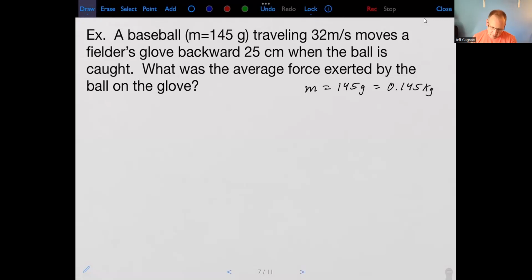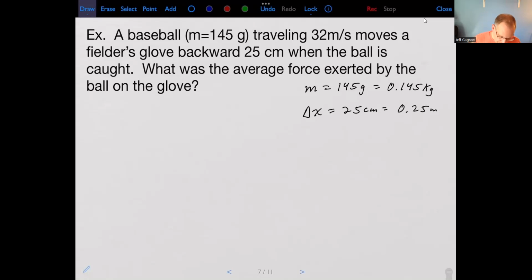Traveling 32 meters a second, a fielder catches the baseball and it moves the glove backward by 25 centimeters, which means the displacement, delta x here, is going to be 25 centimeters, which in SI units is 0.25 meters. What was the average force exerted by the ball on the glove?